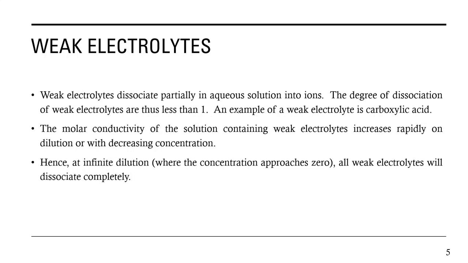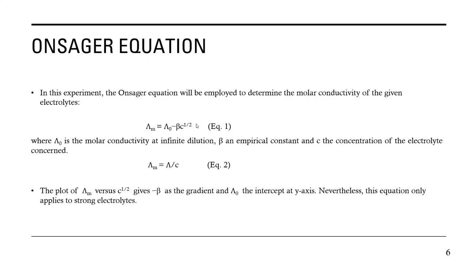In this experiment, the Onsager equation will be employed to determine the molar conductivity of the given electrolytes. I'm not sure whether you have covered this in your lecture, but if you have, that's good. This is now the practical side of it. Using the Onsager equation, we can measure lambda naught, which is the molar conductivity at infinite dilution.